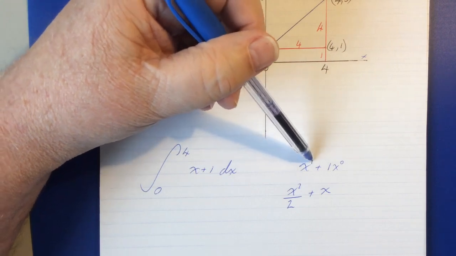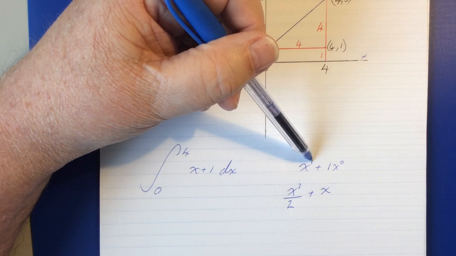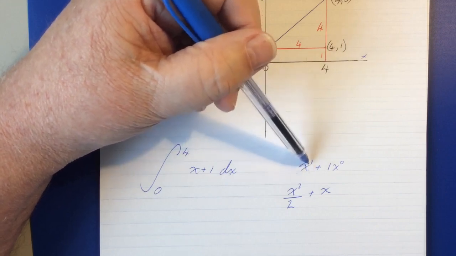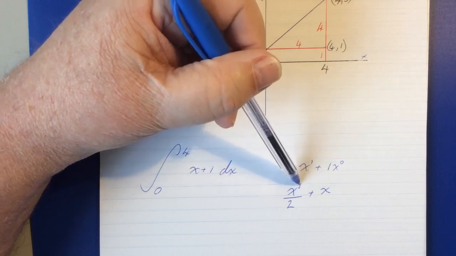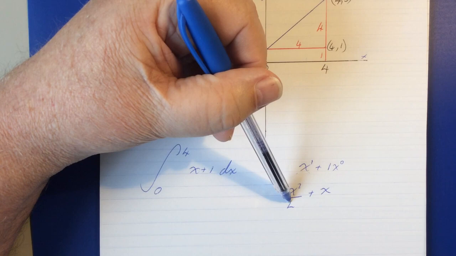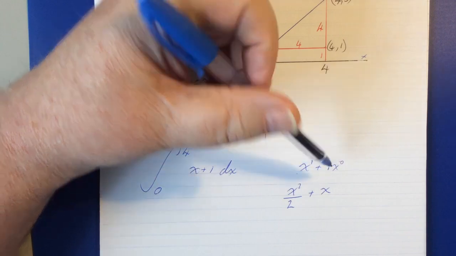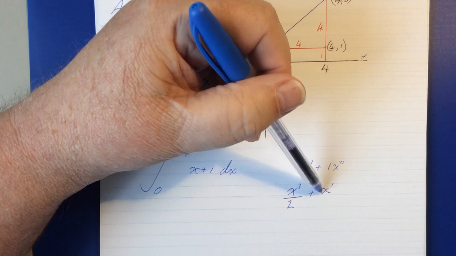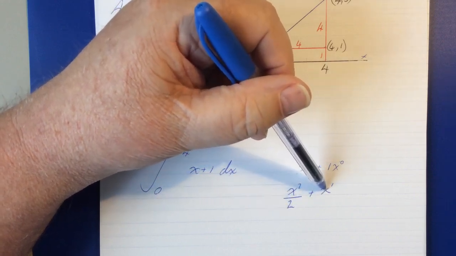And the process is that I add 1 to this number, and when I have done that, I also divide this by that number. So that gives me 1 plus 1 is 2, and I divide by that number. I add 1 to this, and I get 1 times x to the power of 1. Let's just do that. And I divide by 1. So that's really just x squared over 2 plus x.